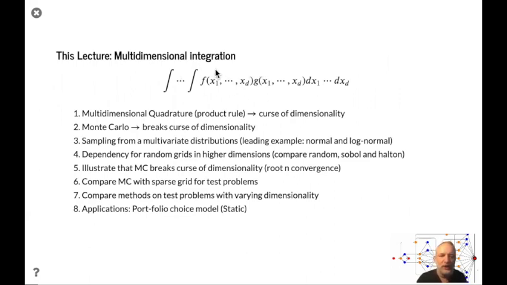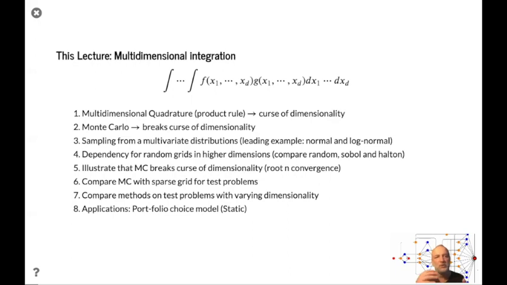So that is an integral of a function, or maybe a product of two functions, f and g, which are both functions of several variables, x1 up to xd. So, for example, think about Deaton's model extended with another income shock, or the consumption-savings model where you have both income shocks and stochastic interest rates.